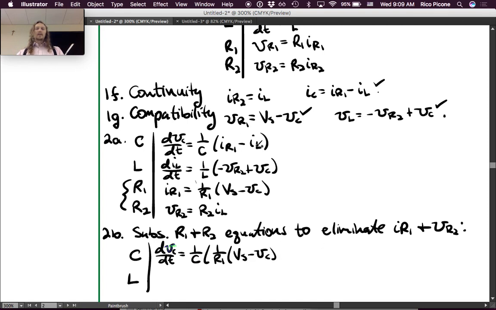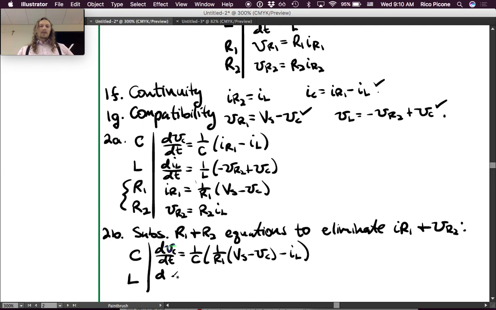And then instead of IL, well, actually, I don't need to get rid of IL, right? IL is a state variable, so we're good. Now this equation has the following variables: VC, VS, VC, and IL. Good. All states or inputs, right? So that equation's good to go.